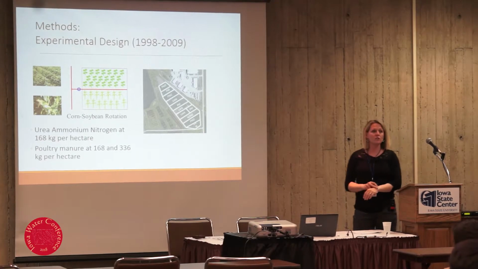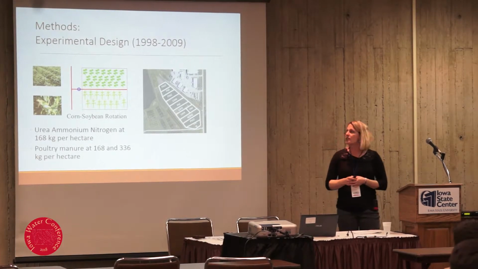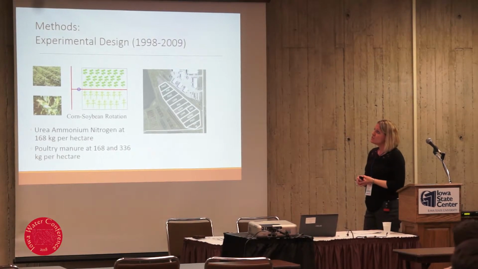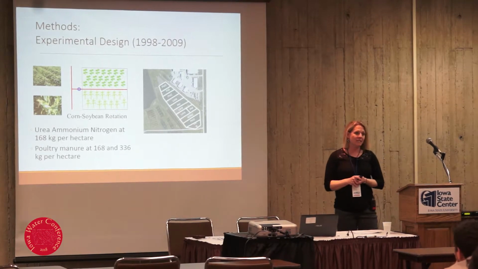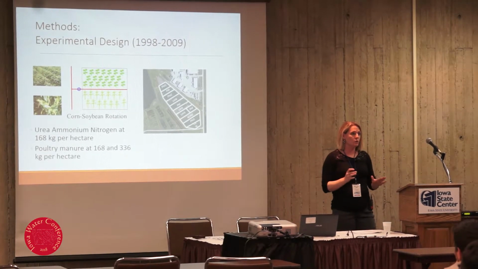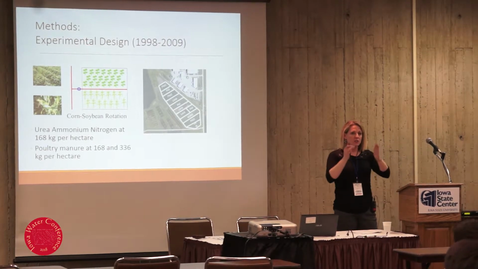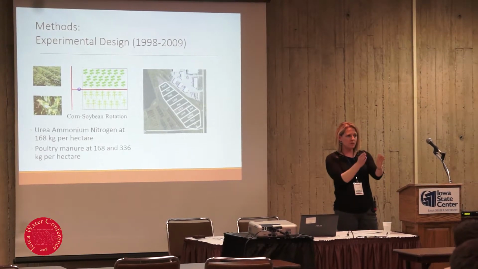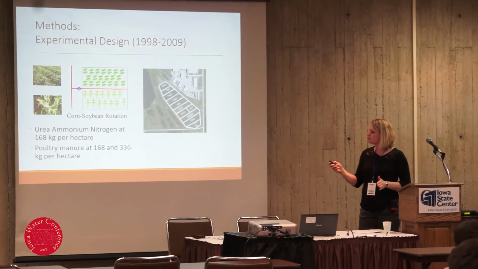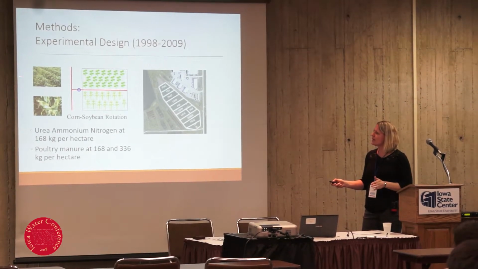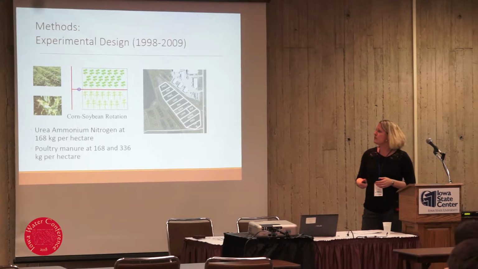Okay, moving on to the methods and our experimental design. The first phase of the study, from 1998 to 2009, was in a corn-soybean rotation. This was a split plot design, so each plot was half soybeans and half corn, and the drain line would go through the middle of the plot.